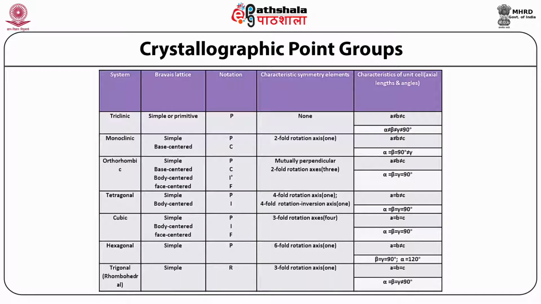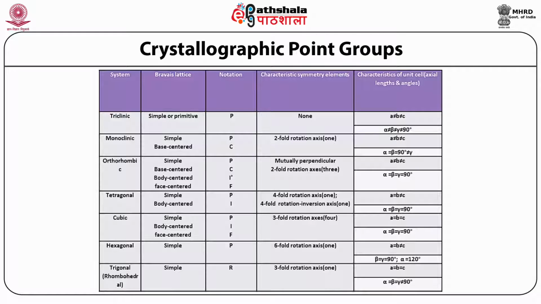The axial lengths are a is not equal to b is not equal to c, whereas the axial angles alpha is equal to beta is equal to 90 degrees, but is not equal to gamma. Now the third system is orthorhombic.